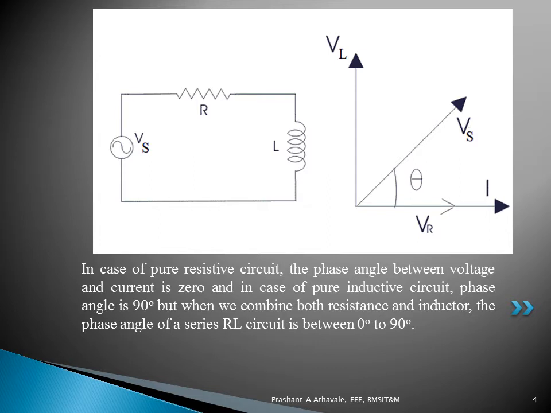And the current I is the common element through all these three, therefore that has been taken as a reference. First you draw the current, and then in phase with it you draw the voltage VR, and then leading that current will be the voltage VL, and the sum of these two, that is VR and VL, will be the supply voltage VS. Of course, this is not to scale, just a conceptual representation.